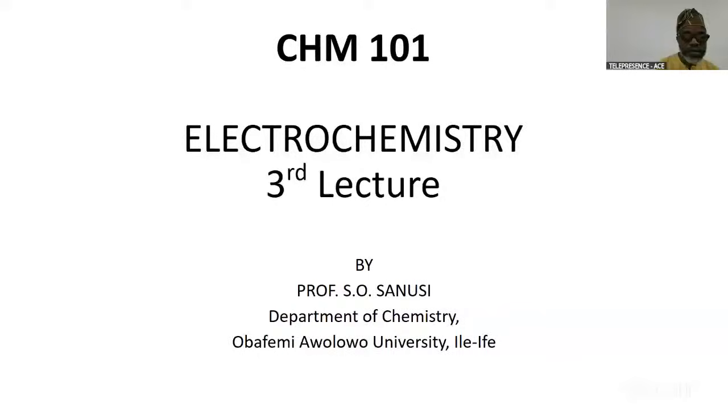We also have the Leclanché dry cell. There are different types of the Leclanché dry cell. We have the one that uses ammonium chloride as the electrolyte and zinc as the anode. One thing that is common to this Leclanché cell is the cathode.